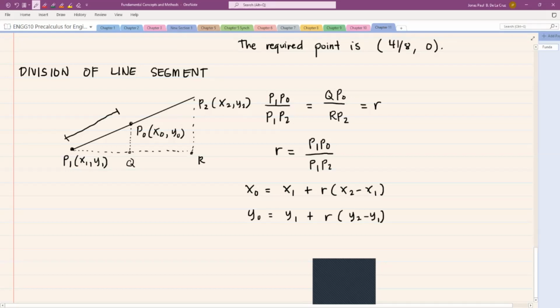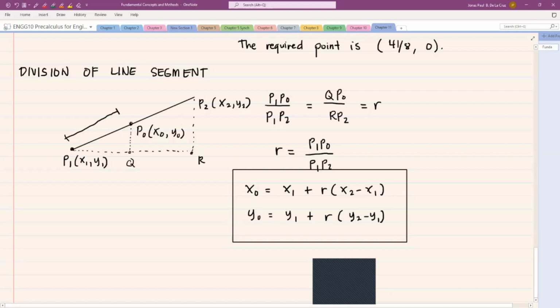Okay, this formula came from this right triangle. Yung derivation naman nito nasa in-upload ko na book. So, ito yung formula natin to solve for the x coordinate and y coordinate of the point PO na nagdi-divide sa line segment P1 and P2 natin.